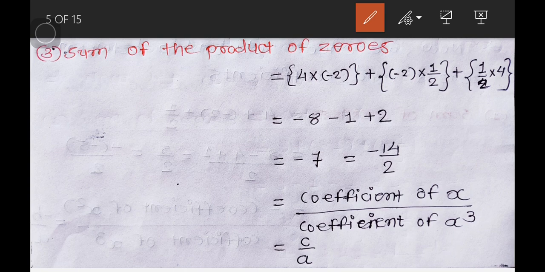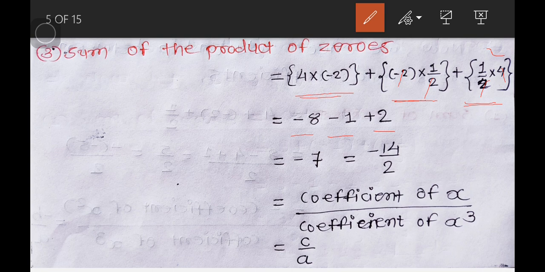We multiply the first two zeros, that is 4 into minus 2, then the second and third, minus 2 and half, and the third and first, half multiplied by 4. We first take the products and then add them. Now 4 into minus 2 is equal to minus 8. Here the 2s are cancelled, then minus 1, and 2 fours are 4.